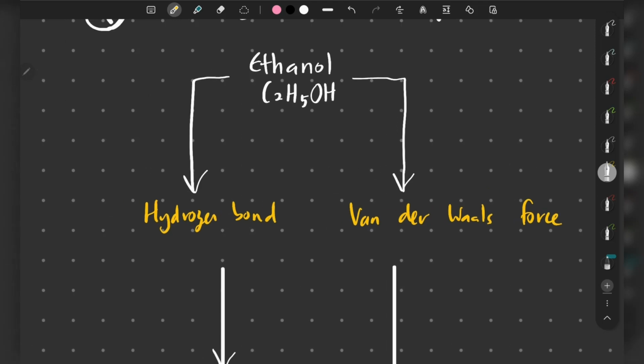For hydrogen bond, we consider it a strong attraction force. Meanwhile, van der Waals is a weak attraction force. But for this chapter, we are going to focus more on the hydrogen bond.